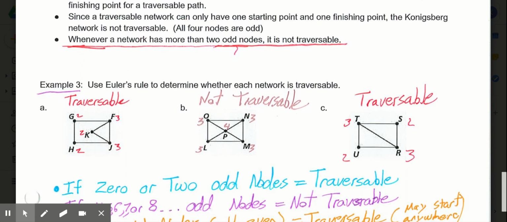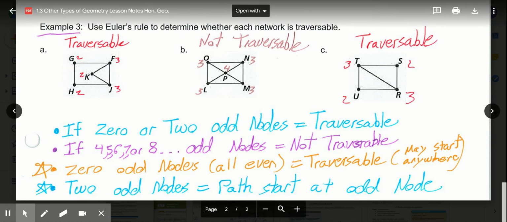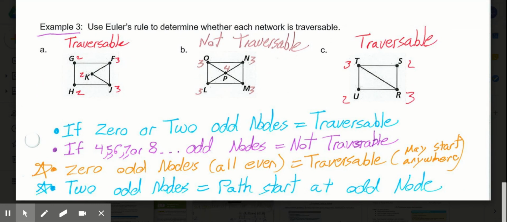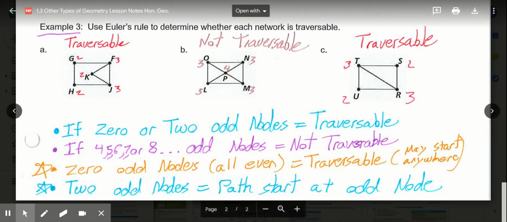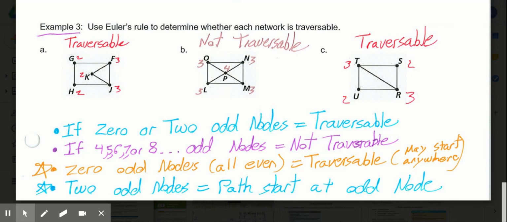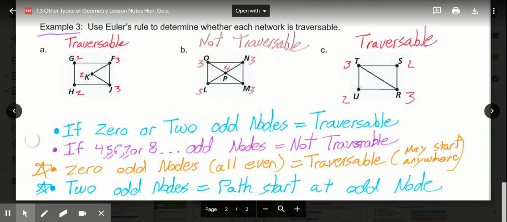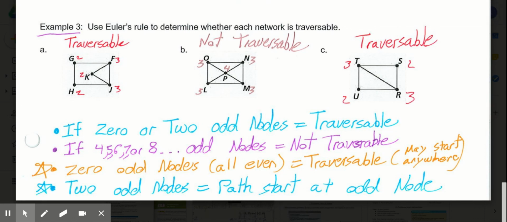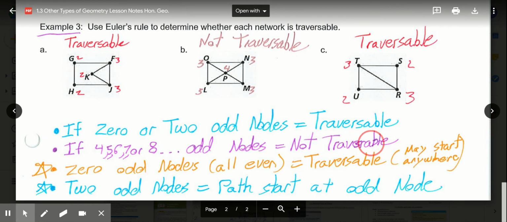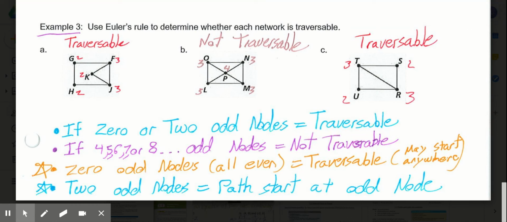So what I tried to make more simple were just my notes down here. Taking Euler's solution, we can summarize that if a network in graph theory has 0 or 2 odd nodes, it is a traversable network. If we have 4, 5, 6, 7, or 8, and so on, so anything more than 2 odd nodes, it is not traversable.